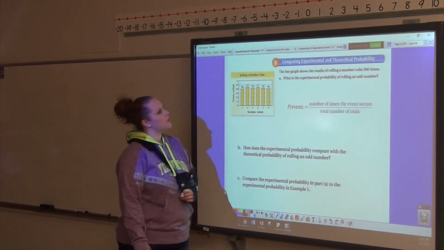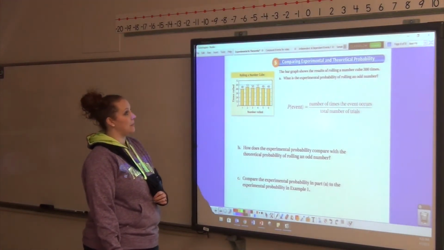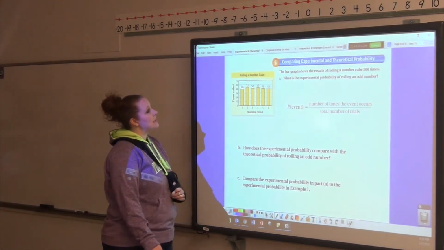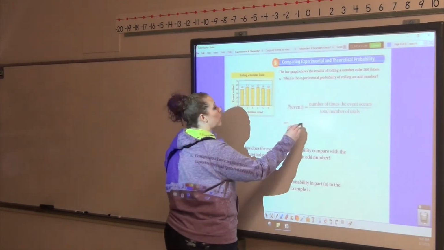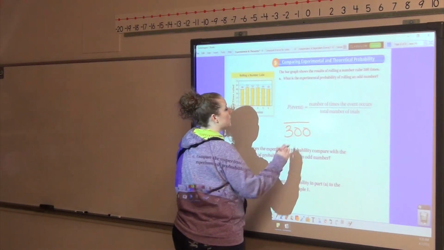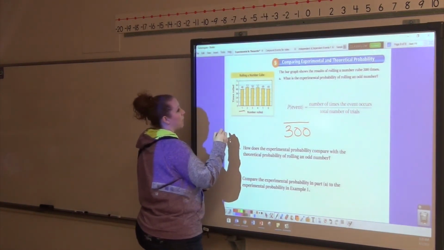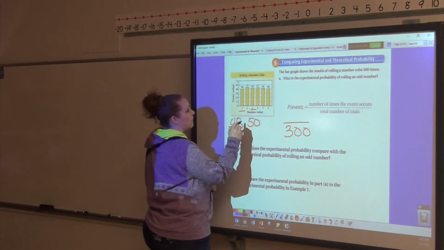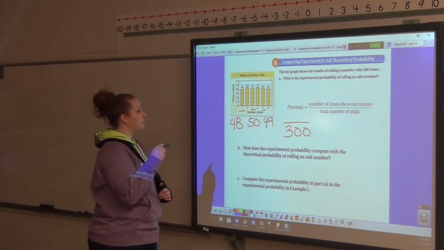The bar graph shows the results of rolling a number cube 300 times. So we are talking about experimental probability. What is the experimental probability of rolling an odd number? We have 48 for 1, 50 for 3, and 49 for 5.